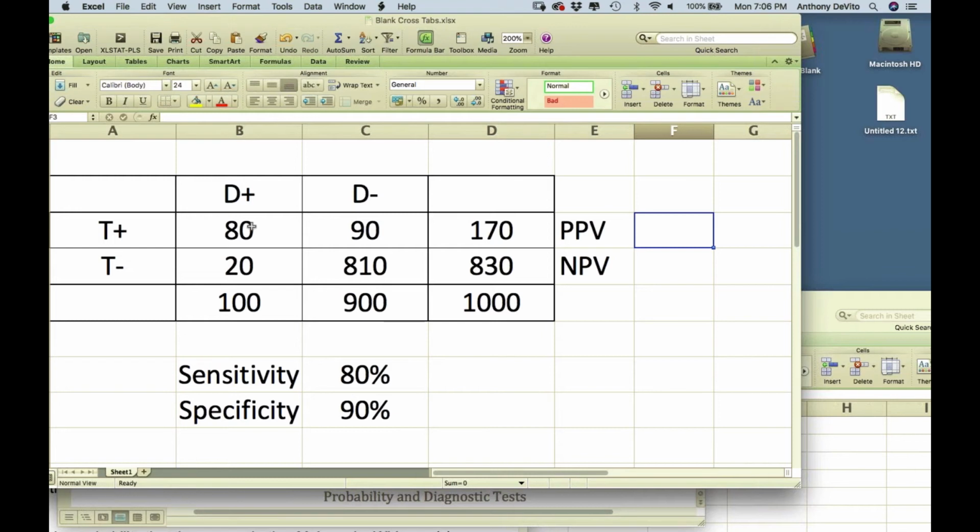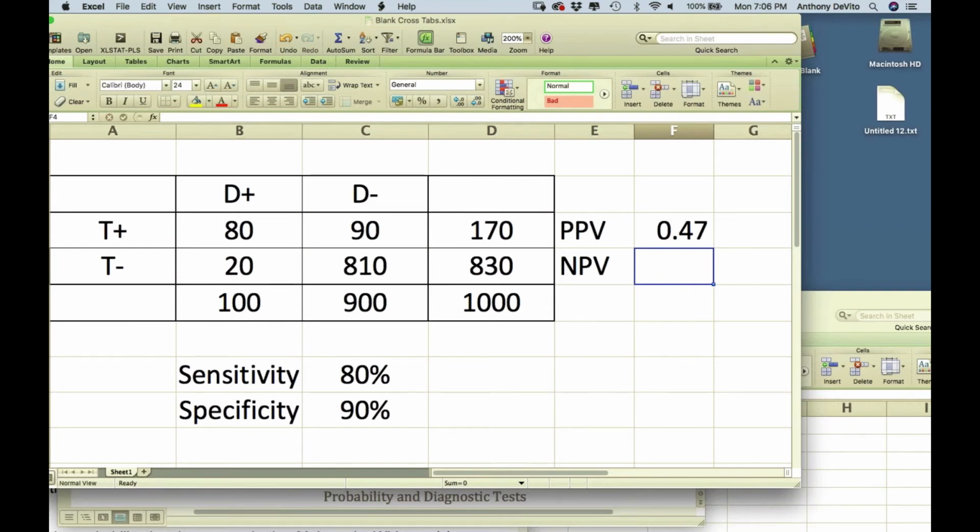80, right? Out of the 170 people, right? Because 80 of them tested positive because they had the disease, correct was correct, and 90 of them tested positive because it incorrectly identified people that don't have the disease as having the disease. So the positive predictive value is equal to 80 out of 170, right? 80 divided by 170 is 47%, right?